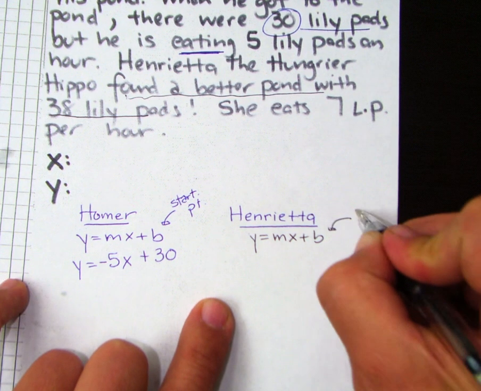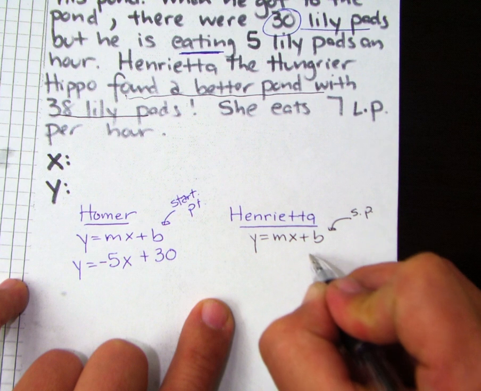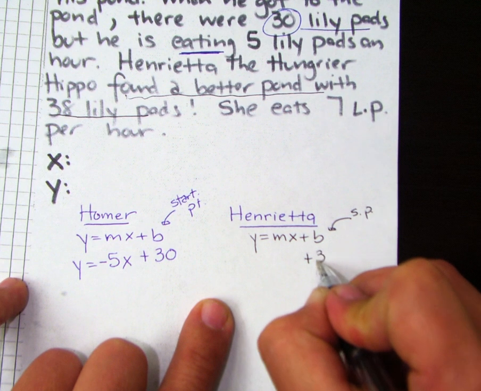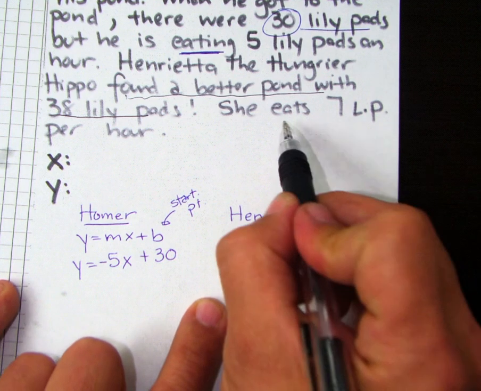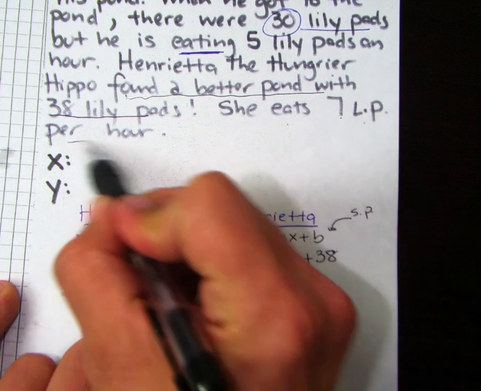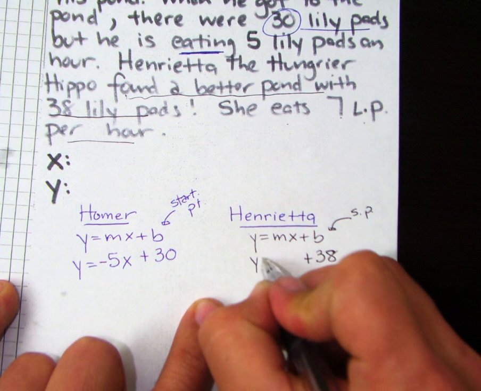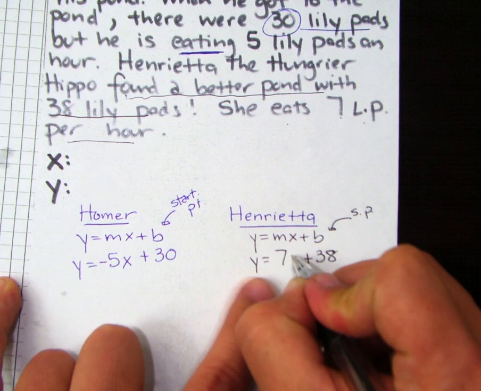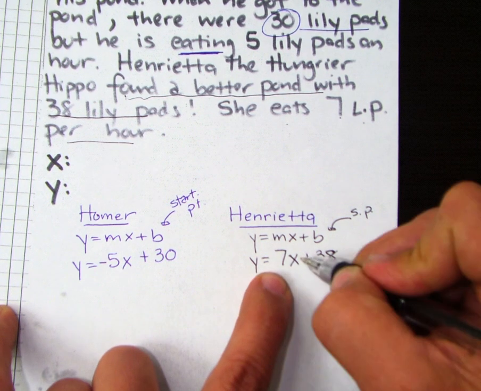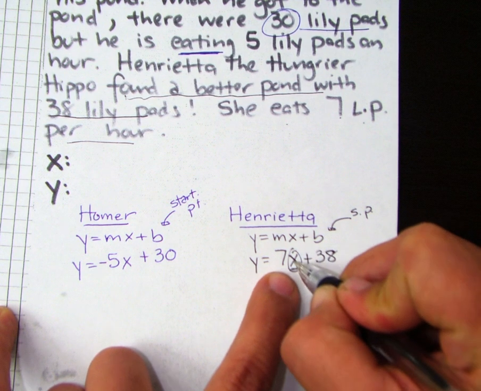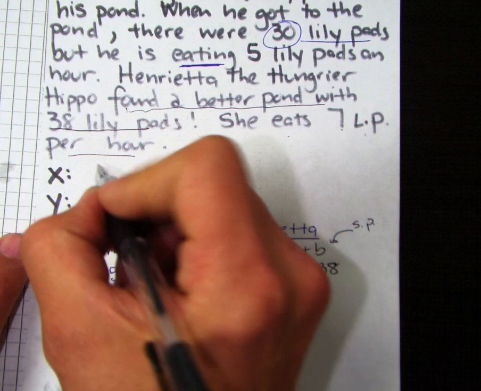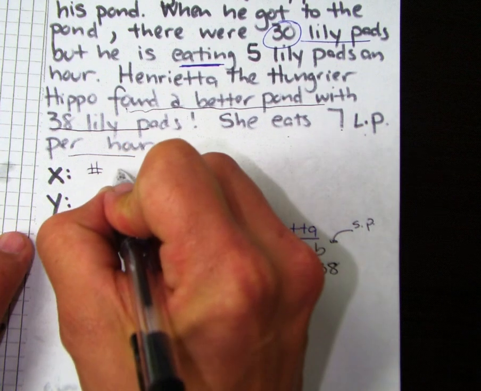So you're going to write what? I'm going to write 38. And since I'm eating 7 lily pads per hour, I'm going to write y equals 7 per hour. So my x is the number of hours. Oh, that's pretty good.